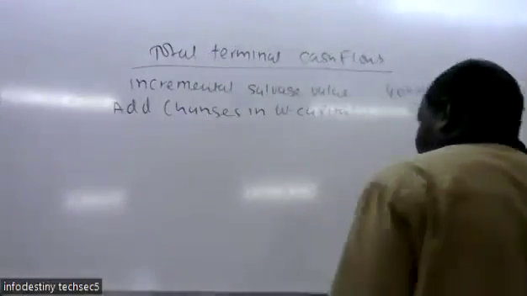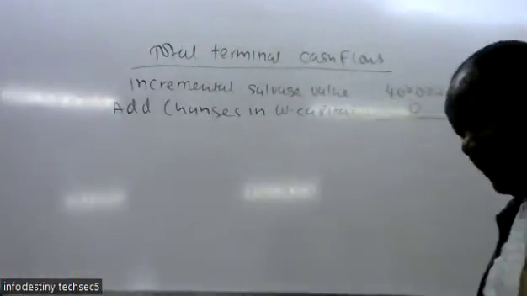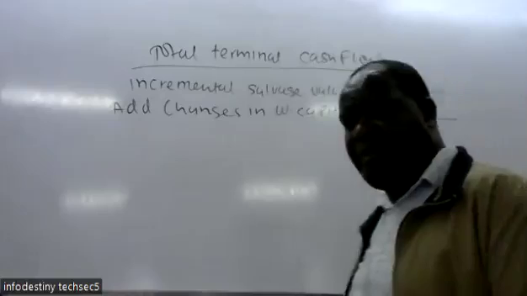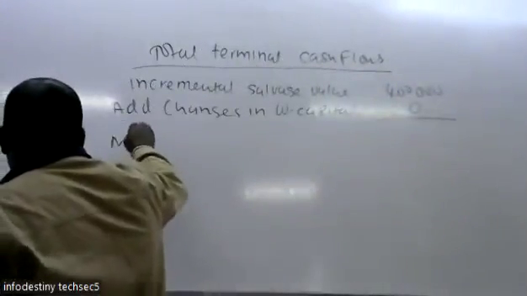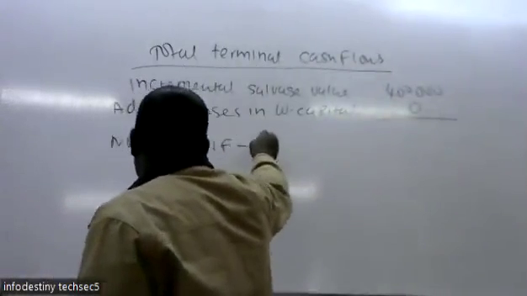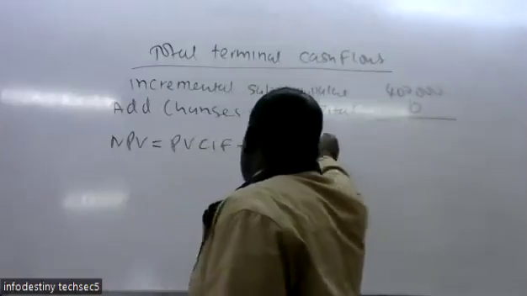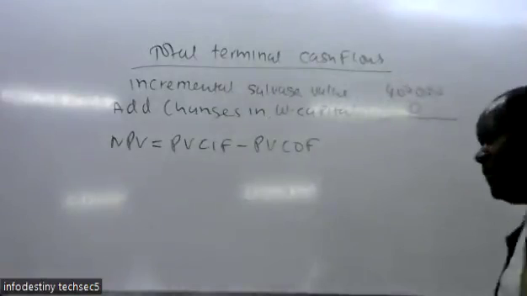So finally, now we got the Roman letter 4: using the NPV criteria, advise the management. So now we compute the NPV. NPV is the present value of the cash inflows minus the present value of the cash outflows.